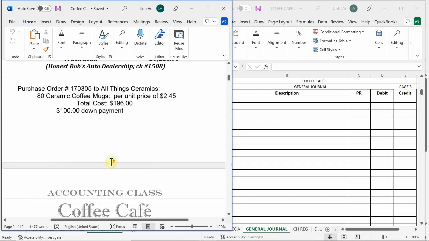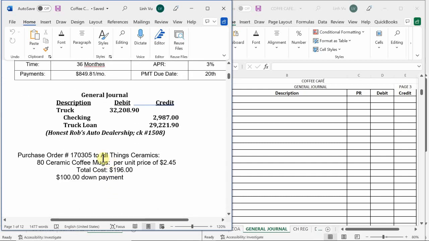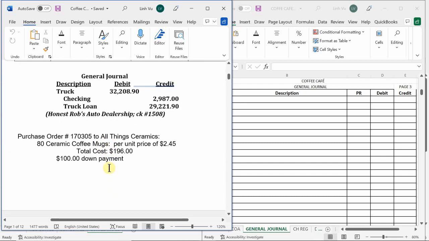So in this case, this vendor doesn't know who I am, doesn't trust me, or they like to require a down payment before making an actual purchase. So it guarantees them that in case I back out, they don't lose out money.